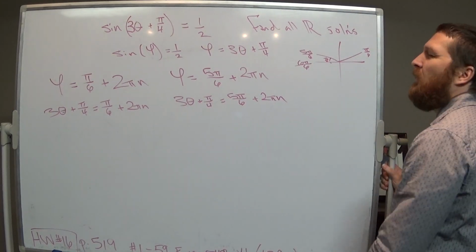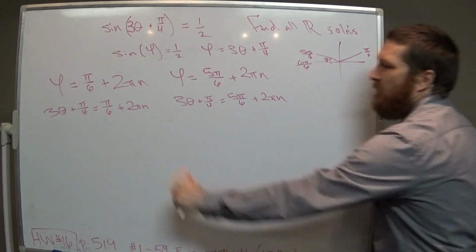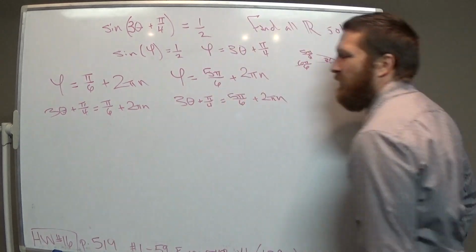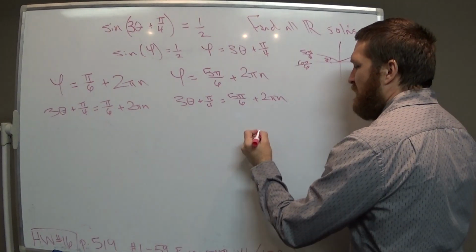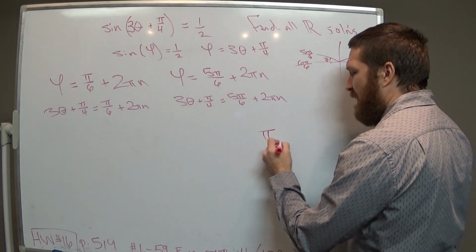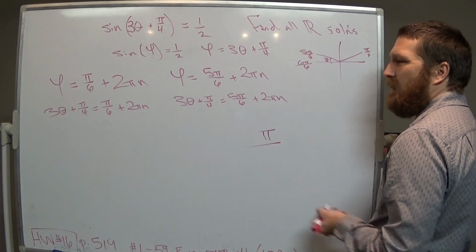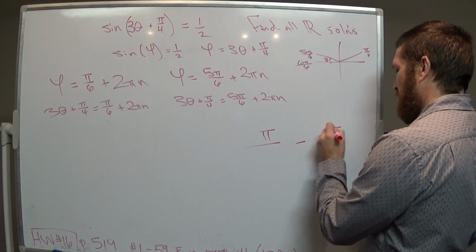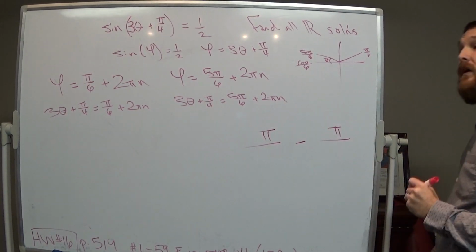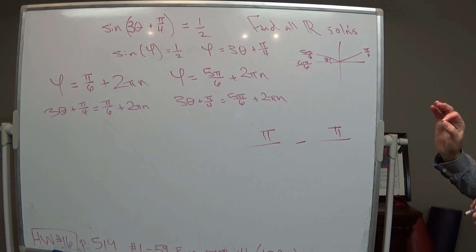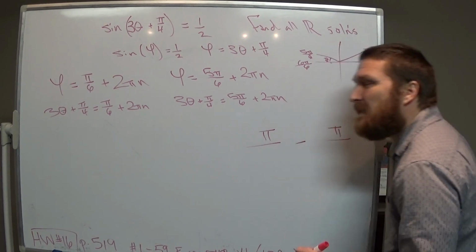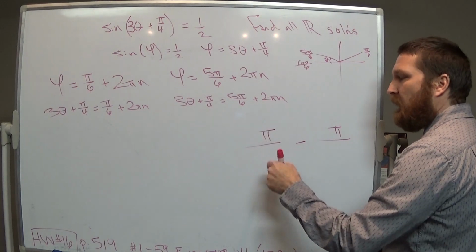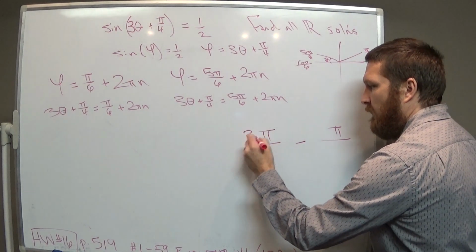Let me ask you, what are we going to do first? With this equation, the first thing we want to do in order to get theta by itself is subtract the pi over 4. So that's going to leave me with something over 6 minus something over 4. What's a common denominator we can use? We could use 24, but we don't need to go that far out. How about 12? So what times 4 equals 12? 3.